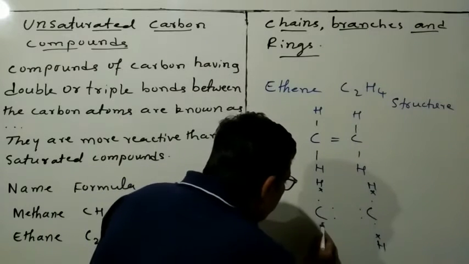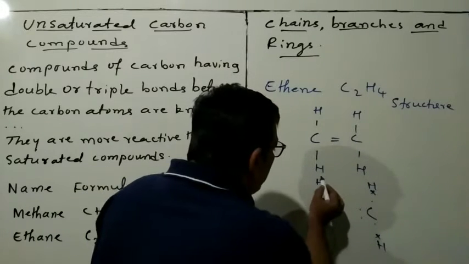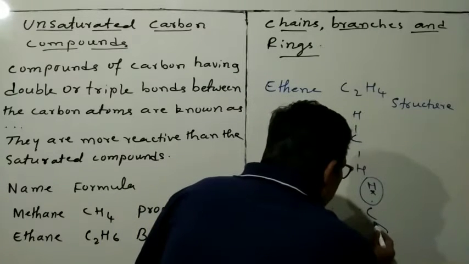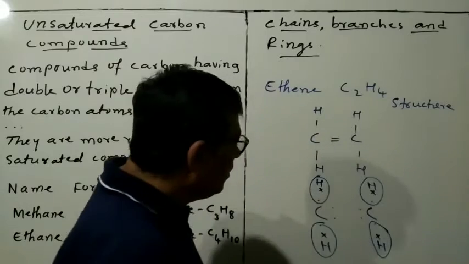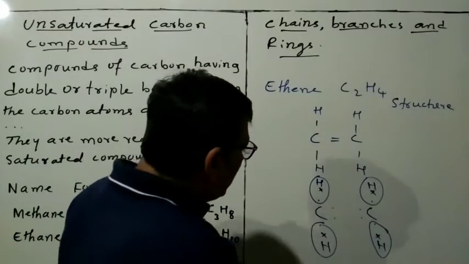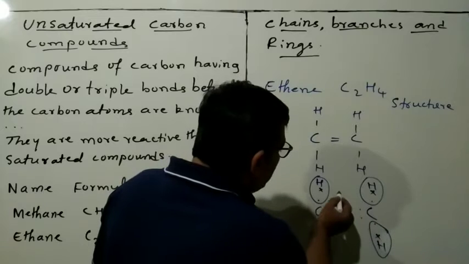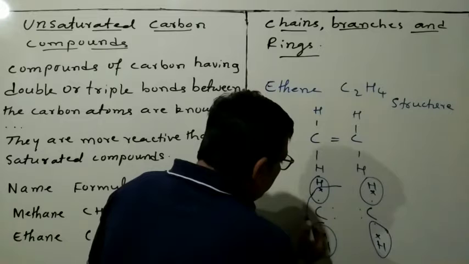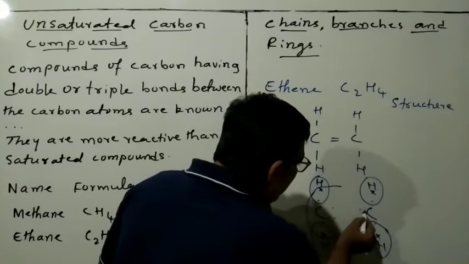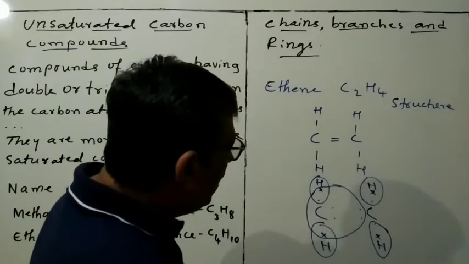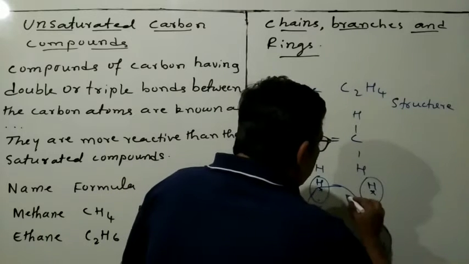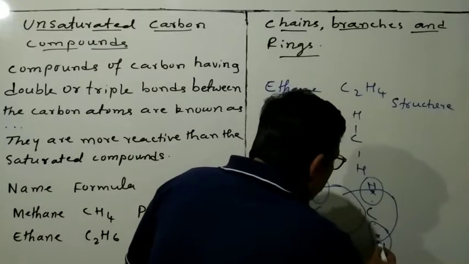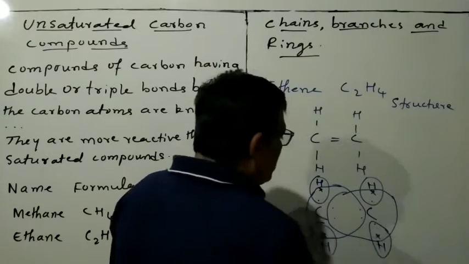Now make a pair, sharing 1, and here sharing and here sharing. Now, what about the carbon atoms? See, carbon atoms also like this, from here. Look here, like this. And this carbon also in a similar fashion, like this and like this.